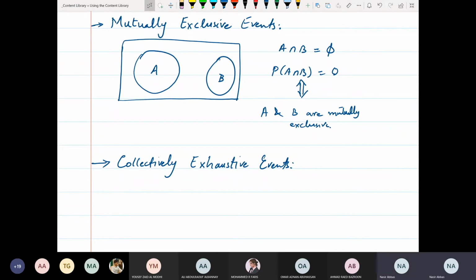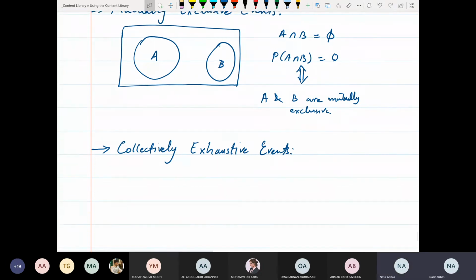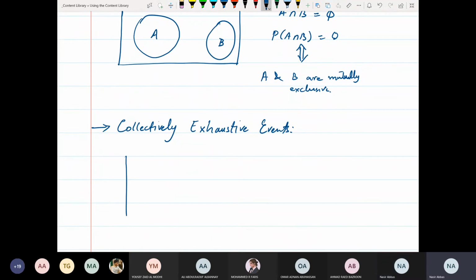Two or more events, we call them exhaustive if you join them and you get the space.